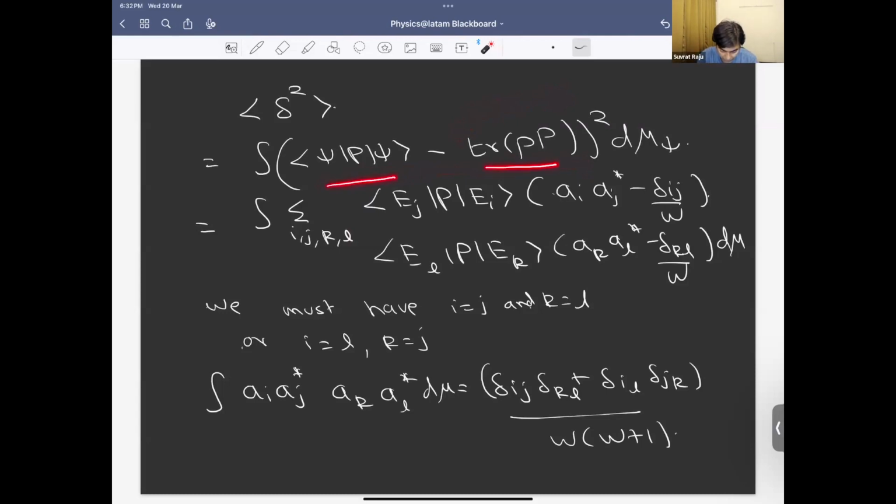This is a mixed state. I'm asking how much does the pure state vary from the mixed state? So I'm taking the pure state, I'm subtracting off the answer in the mixed state, so that someone doesn't tell me you used positive and negative cancellations. I'm now trying to square the whole thing. It's a real number and then average it over all pure states. Is that clear? Yeah. Okay.